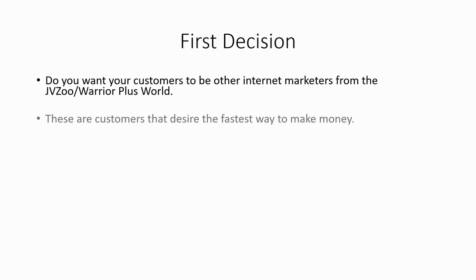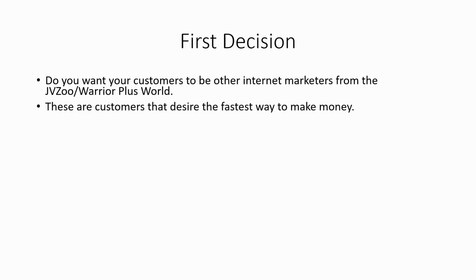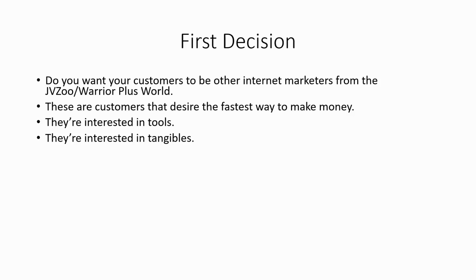You have to decide that, because this group of customers wants something specific. They want the fastest way to make money. And so you must train them in a certain kind of way. They are interested in tools to help them make money the fastest way. They are interested in tangibles. They're not interested necessarily in the long run.